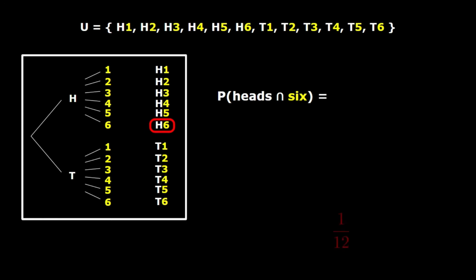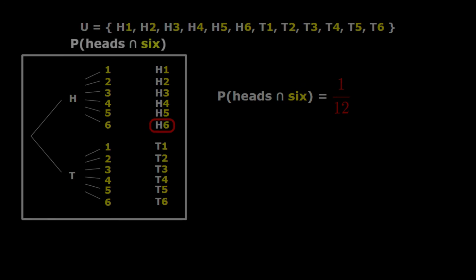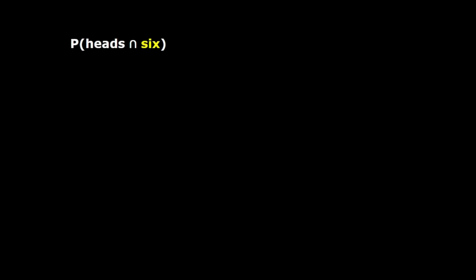So there's one favorable outcome divided by the 12 possible outcomes. So we know with 100% certainty, using our sample space approach here, that the probability of getting heads and a 6 is 1/12. So now the question is, is there another way of calculating this probability in case our sample space gets a lot larger than just listing 12 possible outcomes?